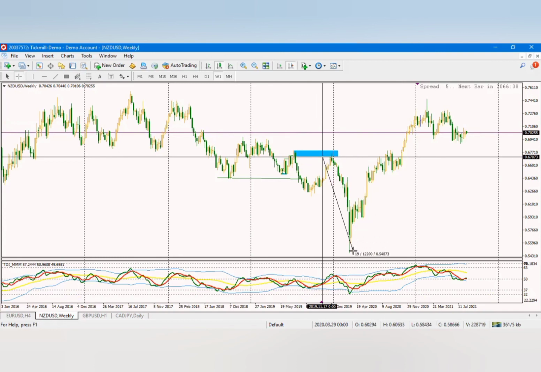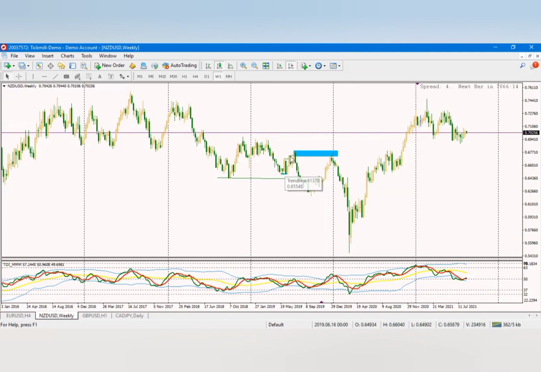Then the market dropped about 12,251 pips, divided by 90 pips. That's like 13. So understanding complex pullback and retracement and when to take position in the market can give you a very good risk reward.